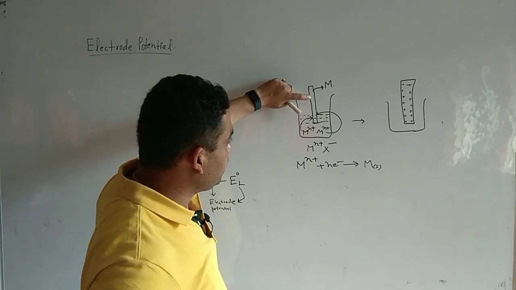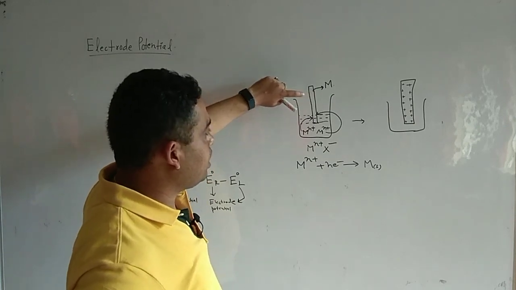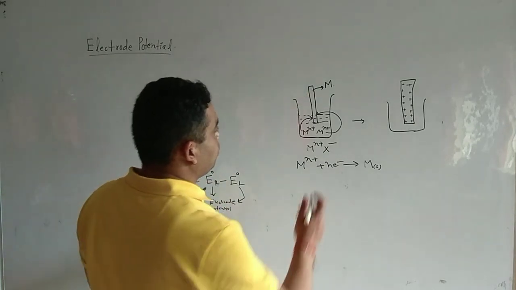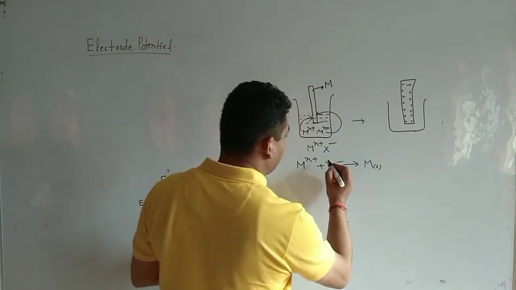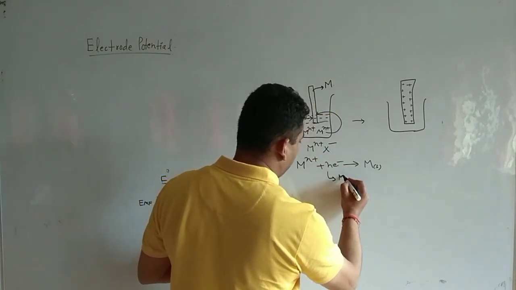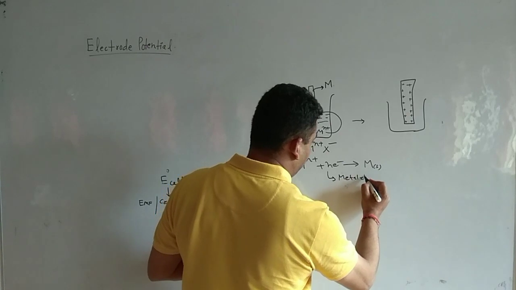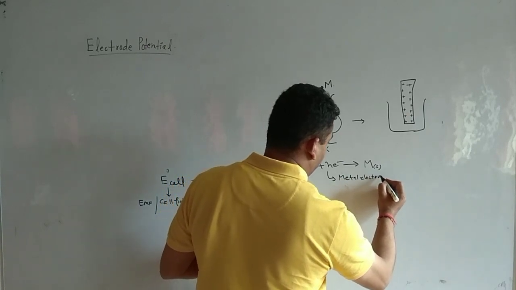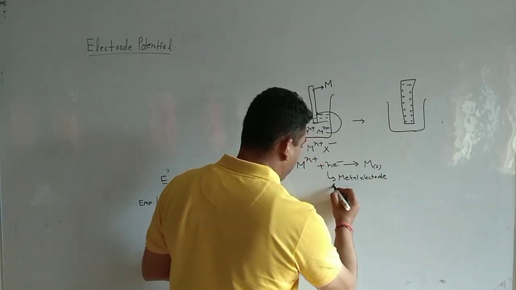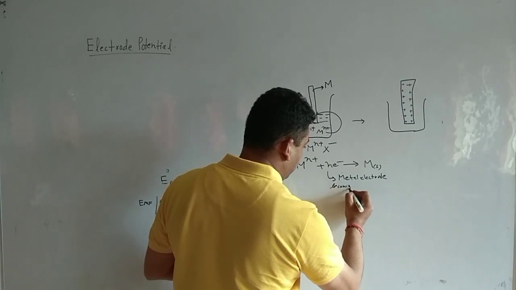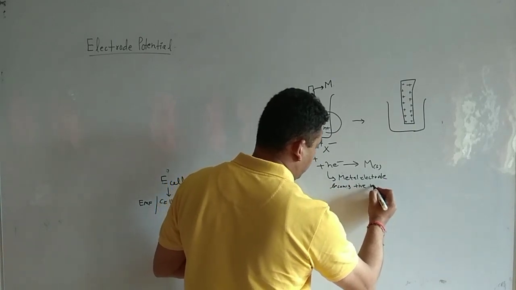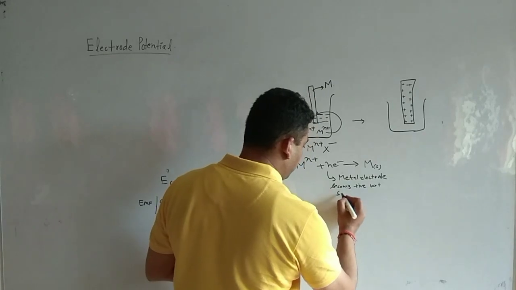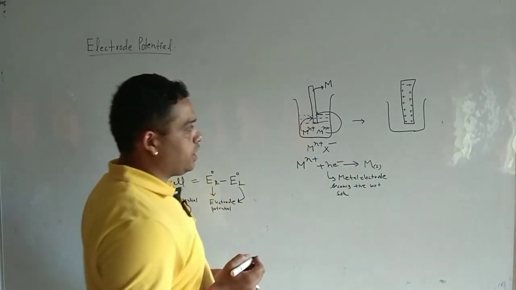That means this metal becomes positive with respect to the solution. So you can say this situation in this way: the metal electrode becomes positive with respect to the solution.